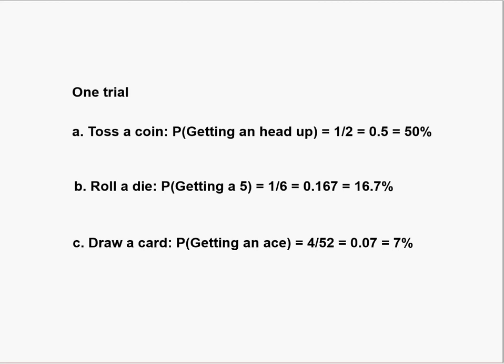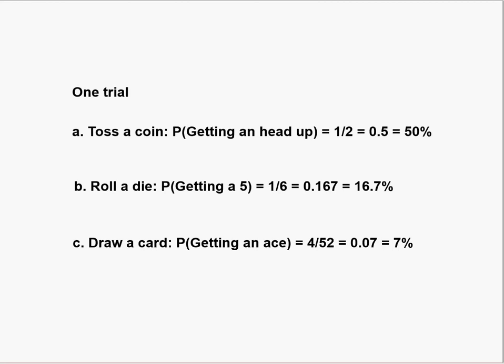So we have different ways to express probability: a fractional number, a percentage, or a decimal number. Okay. Roll a die. What is the probability of getting a 5? When you roll a die, the total number of possible outcomes is 6. And how many ways do you get a 5? Just 1. So 1/6, or 16.7%.